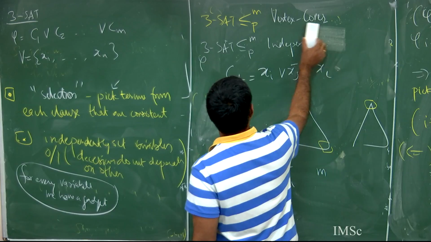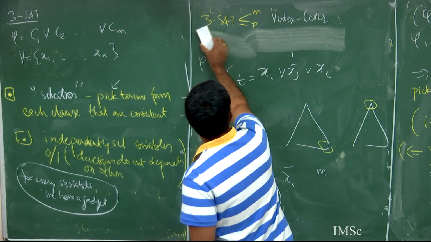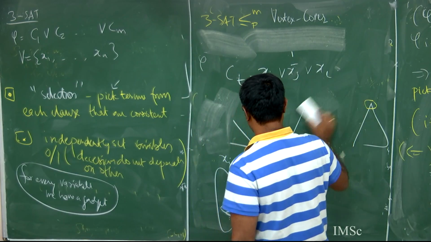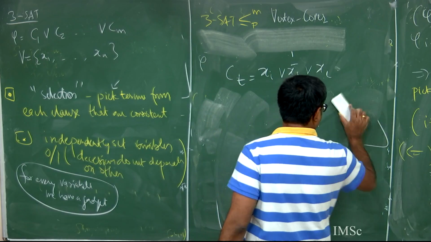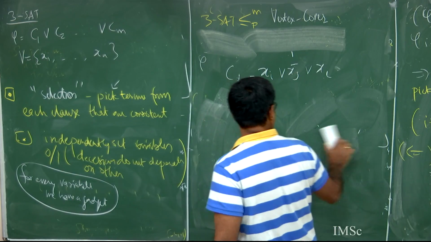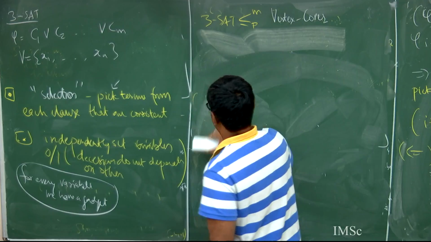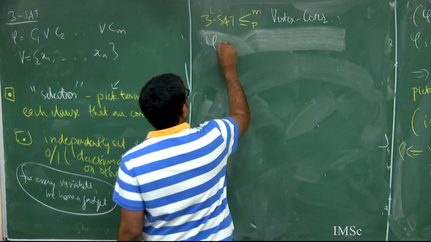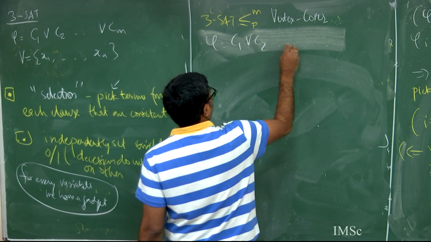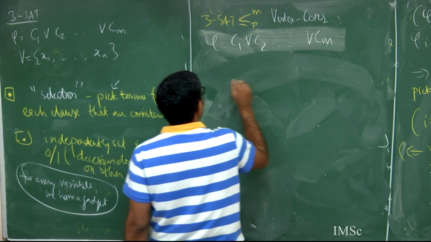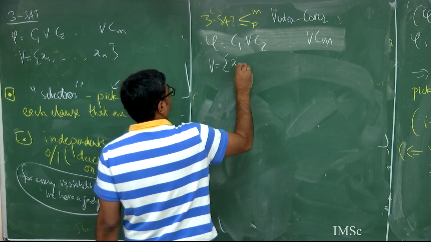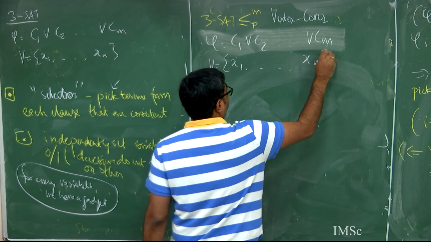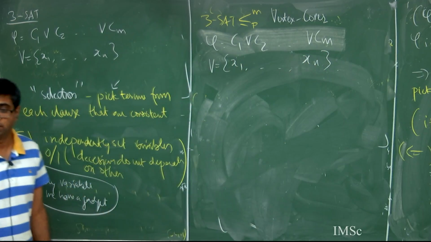Now I'm going to do a reduction from vertex cover. So again we are given phi, C1 through Cm, right? So now for each xi, I have to make a gadget.